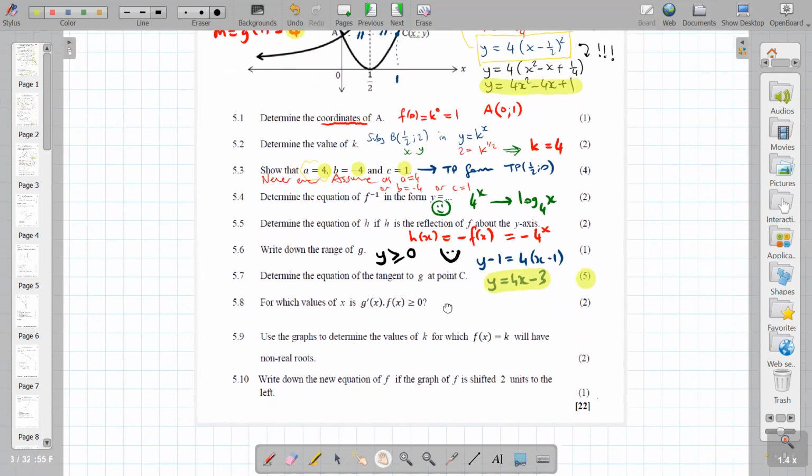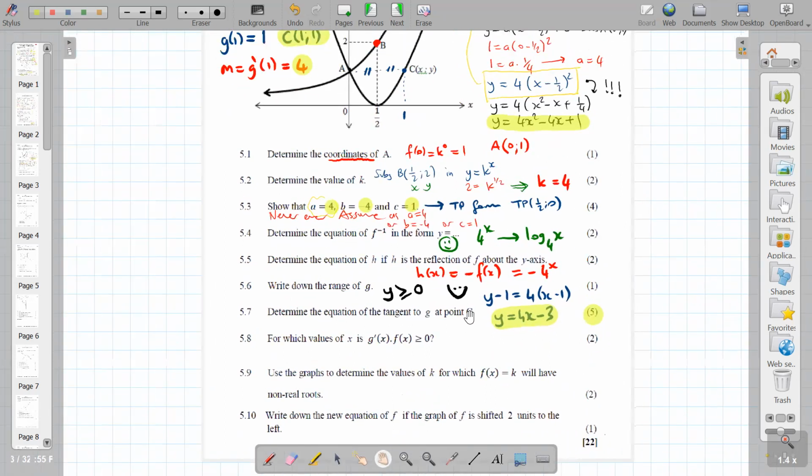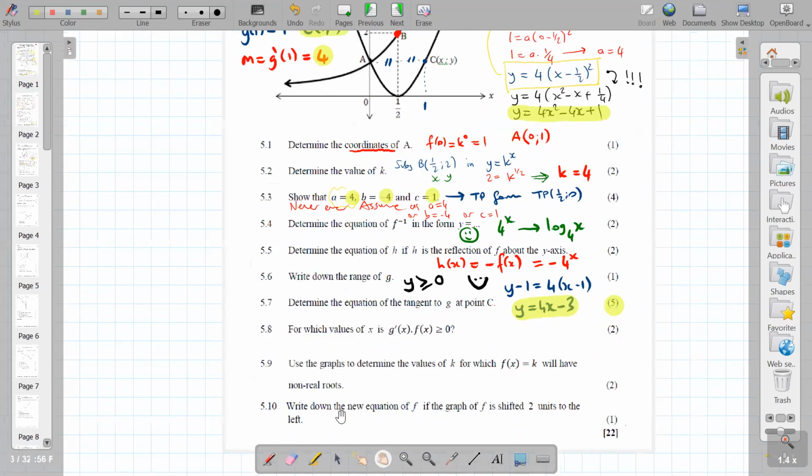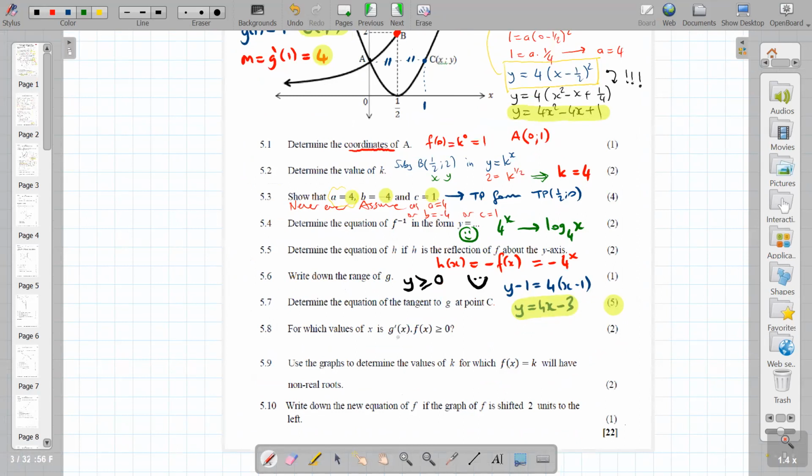And then the questions with inequalities like the one given, we just need to understand this idea again. If you remember, to be able to have the product positive, they are both positive or both negative.